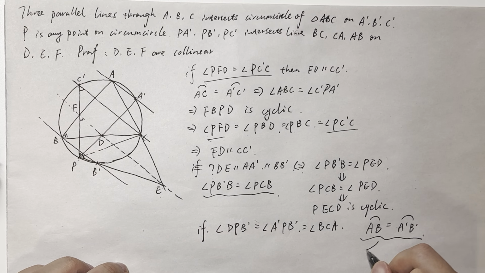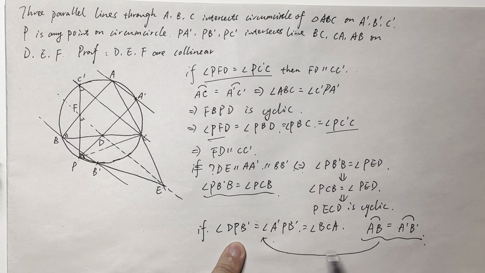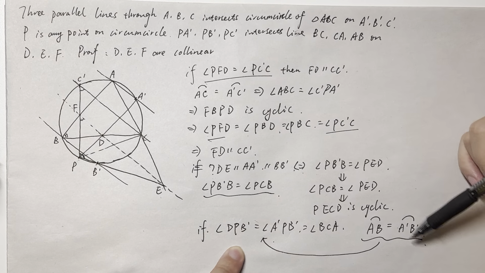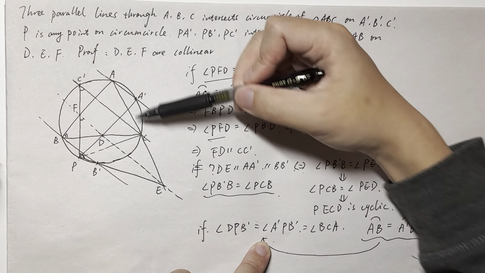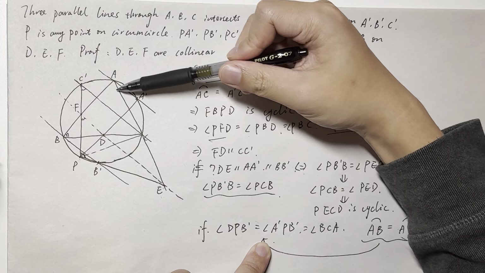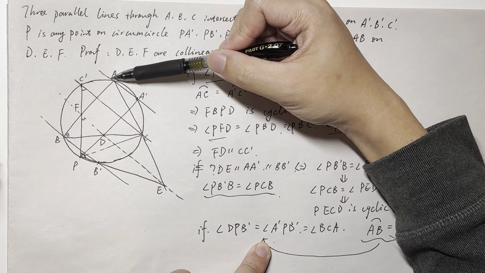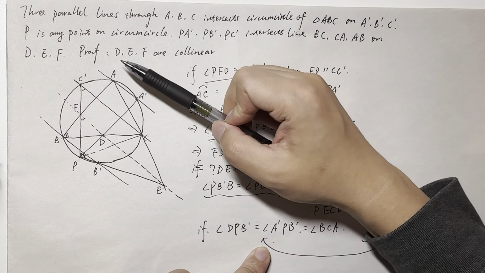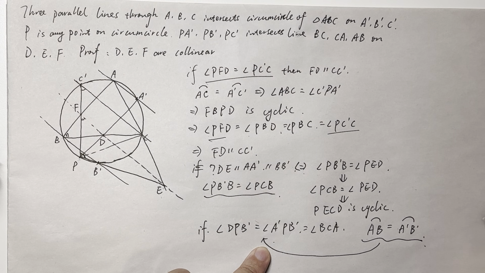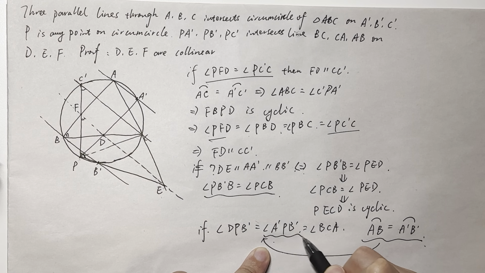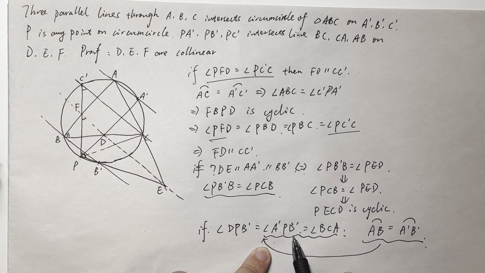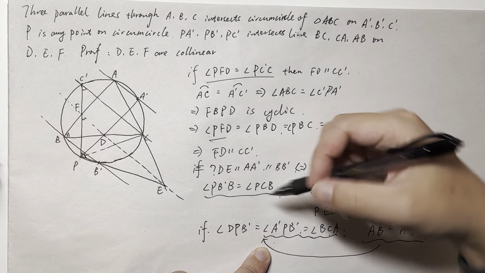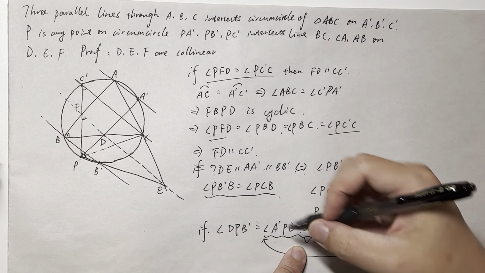Based on this, we know that angle A prime PB equals to angle BCA, right? Based on this is valid, right? Because AA prime is in parallel with BB prime. So based on this, we know that A prime PB prime equals to angle BCA, which already means that this is valid, right? This is a valid step.